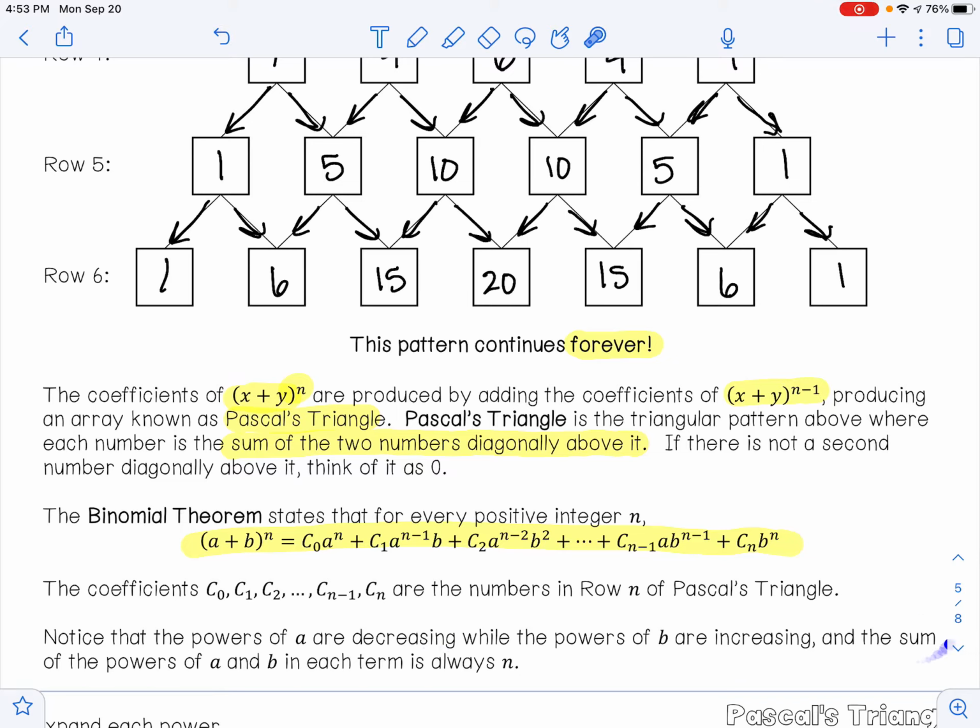And the sum of the powers of a and b in each term is always n. So here our power is n minus 1 plus 1 is n, minus 2 plus 2 is n, and so on. If your head's kind of spinning, don't worry, I'm going to break it down so that it's very easy to follow with the examples on the next page.